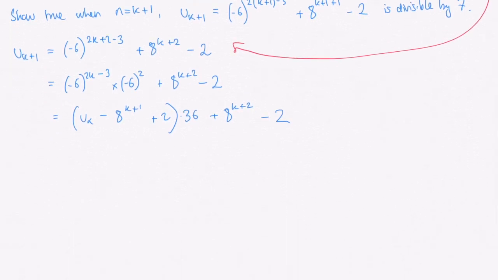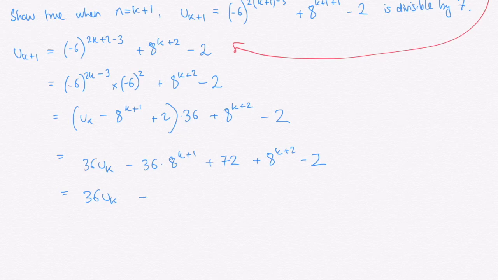And let's expand this out. So we get 36 lots of u_k minus 36 lots of 8 to the k plus 1 plus 72, which is 2 times 36, plus 8 to the k plus 2, subtract 2.